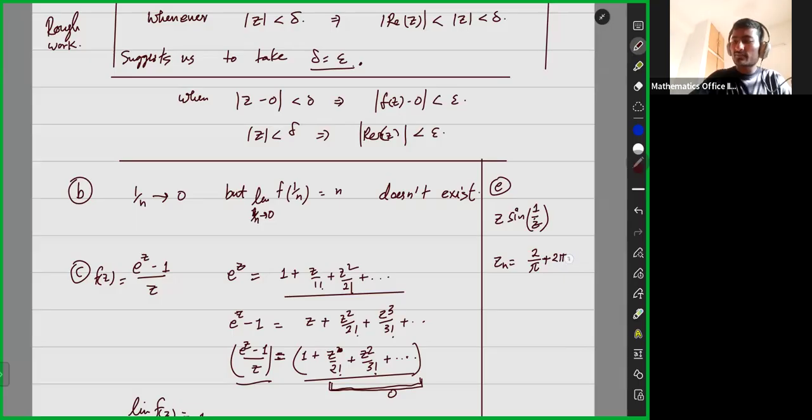So 2 pi n. This is my sequence. It should go to 0. Adding 2 pi n in the denominator, so that when we invert it, it becomes the numerator.